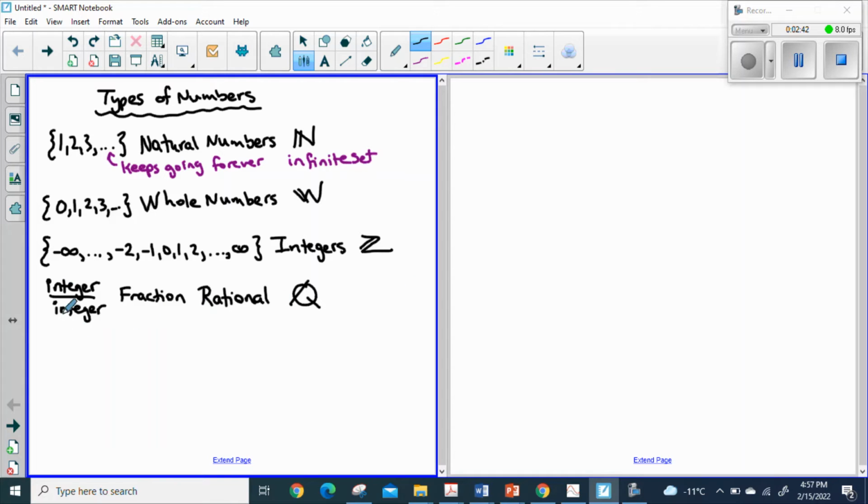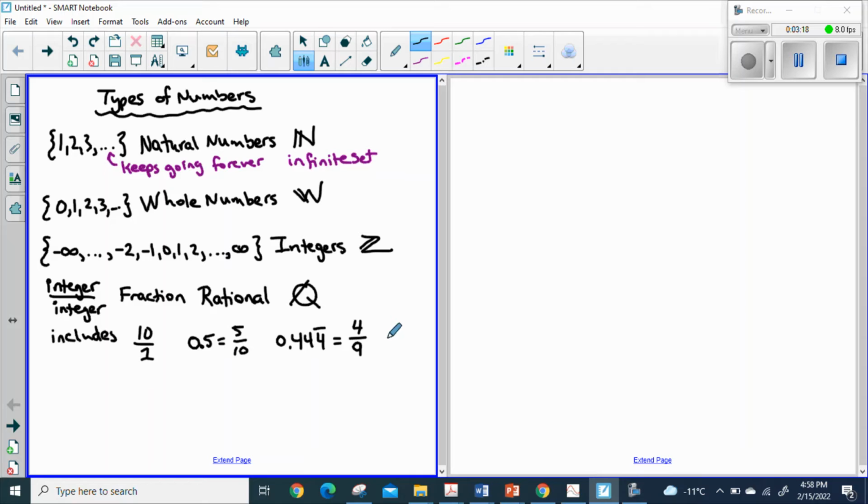Now these are fractions, so this includes something like the number 10, because I can write it as 10 over 1. It also includes decimals, like 0.5, that would be 5 over 10. A decimal like 0.444 that keeps going on forever, so we do the little bar to say it goes on forever, because I can write that as a fraction, that's 4 over 9.